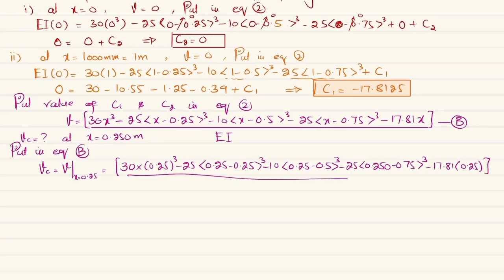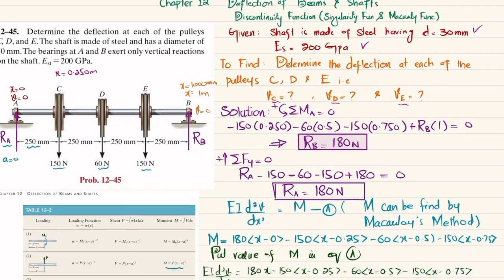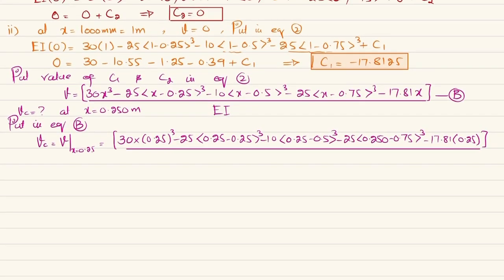E into I. The value of E for steel is 200 gigapascal, so 200 into 10 raised to power 9, and I for this circular pipe is pi by 4 r power 4.